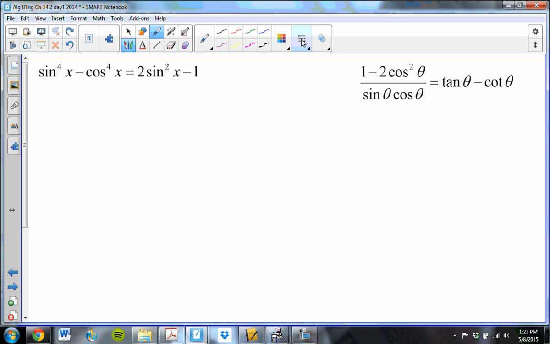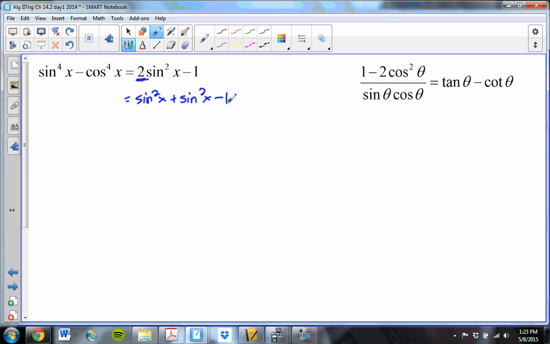There are 2 tricks I'm going to do on this problem. One of them is whenever you have a 2 times something, you can make it 2 somethings. 2 sine squared x is really sine squared x plus sine squared x minus 1. Take the 2 and split it up into 2 separate things being added together. This became this.